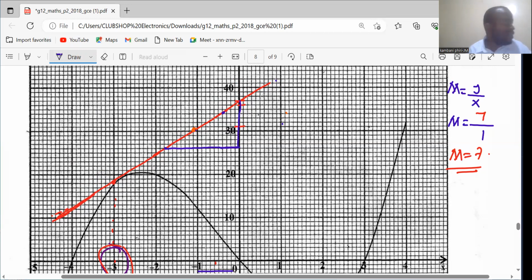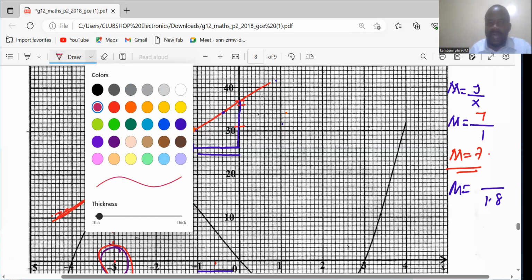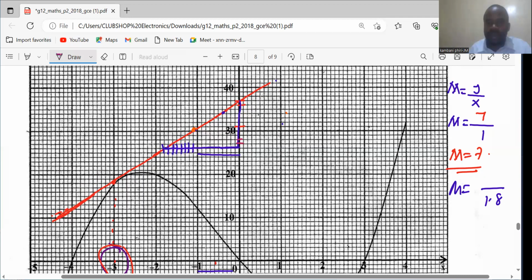So find this distance: 1, 1.1, 0.2, 0.3, 0.4, 0.5, 0.6, 0.7, 0.8. So x here is 1.8. How about the y-axis? I've got 1, 2, 3, 4, 5, 6, 7, 8, 9, 10, 11. So you have got 11. So you divide 11 by 1.8.